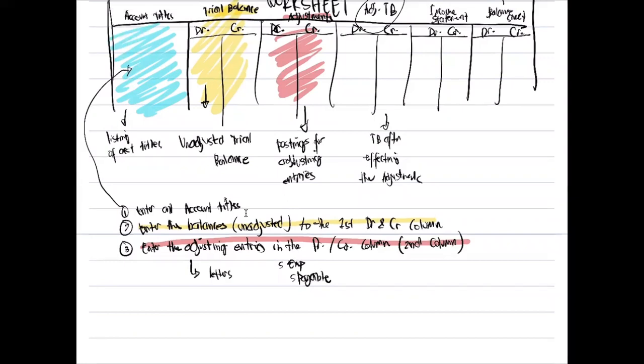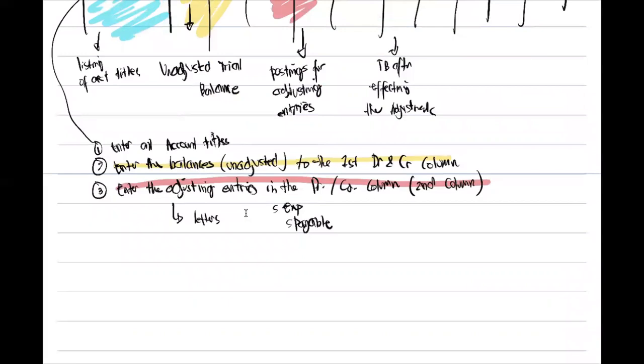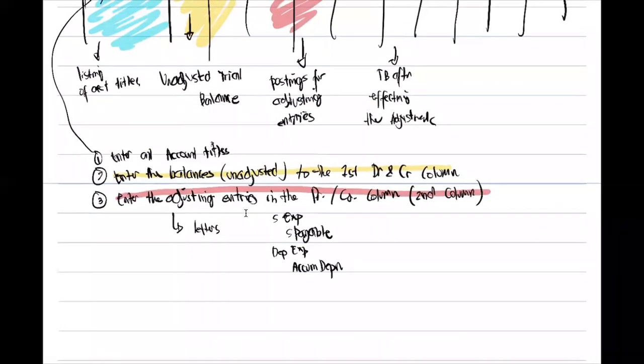Okay, that's one adjusting entry, right? Another adjusting entry, let's say depreciation expense, and then we have your accumulated depreciation. Okay, so per adjusting entry, you need to supply them with a letter. So a different letter identifies the debit and credit for each adjusting entry.